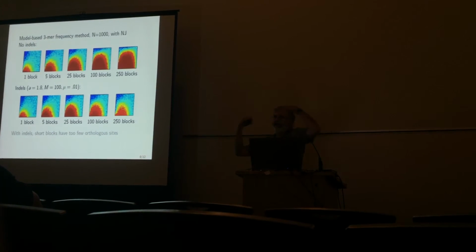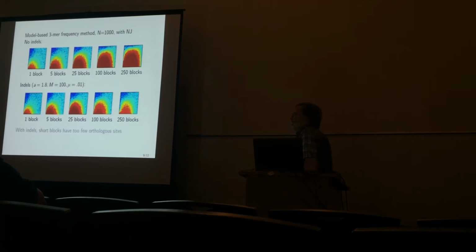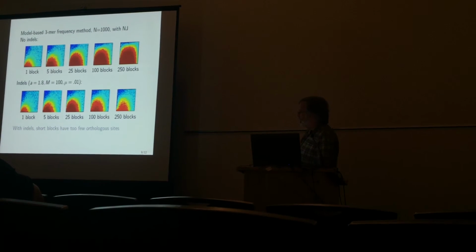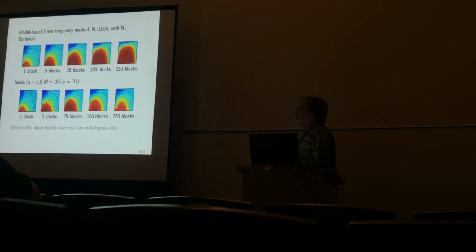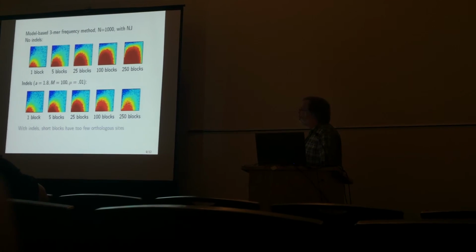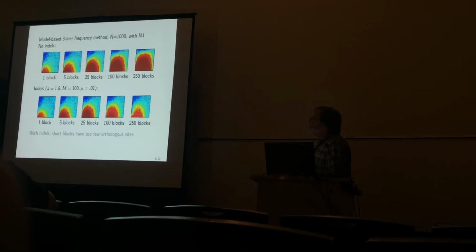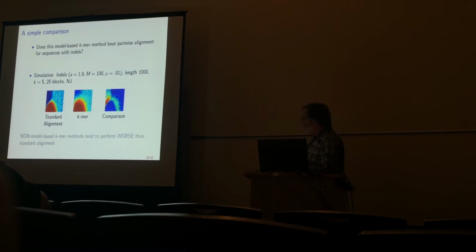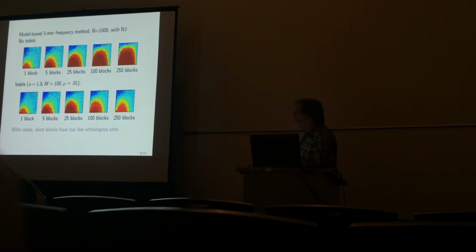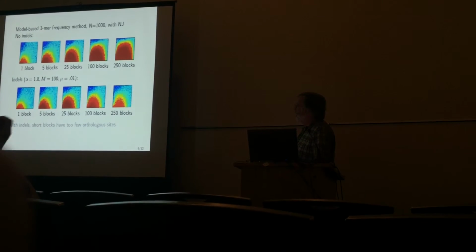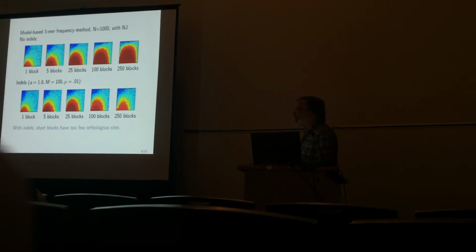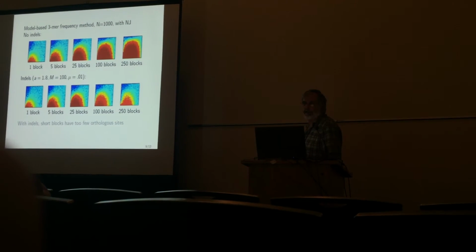There are no orthologous sites. They've been shifted over by the indels. But so there's some sort of mid-size where things work better. And by the way, this is with indel data. Again, the formulas behind this were not derived making an assumption of any indels.